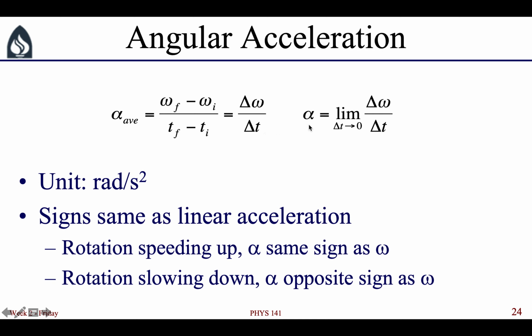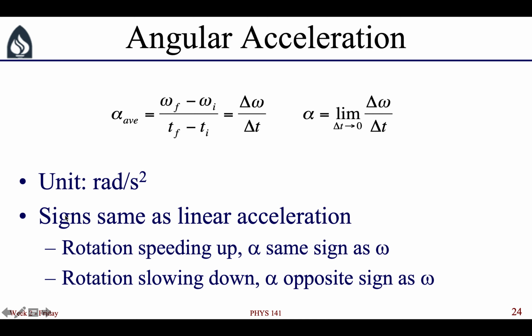The instantaneous angular acceleration is equal to the change in the angular speed over time for a very, very, very small time interval. So the units of angular acceleration are radians per second squared, similar to meters per second squared for ordinary acceleration.